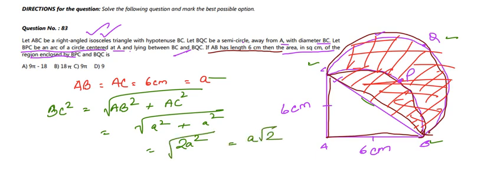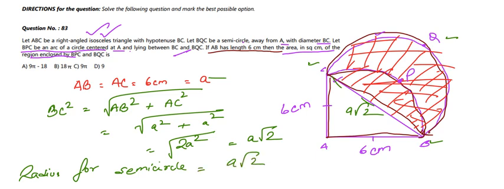So this is the length of this one, a root 2. This is the diameter for the semicircle, therefore the radius for the semicircle is equal to diameter divided by 2, which is equal to a by root 2. So this is the radius of our semicircle. Let me mark this.